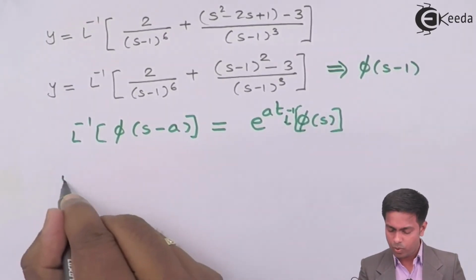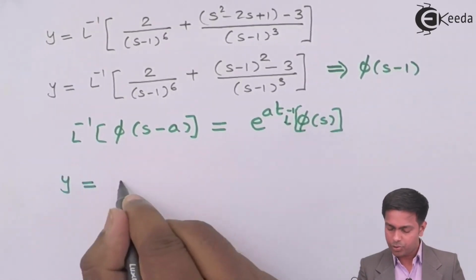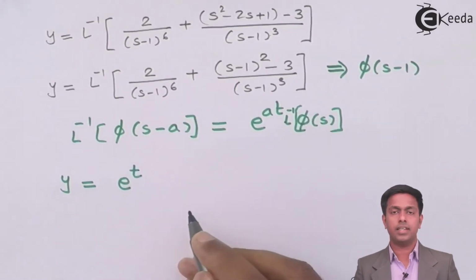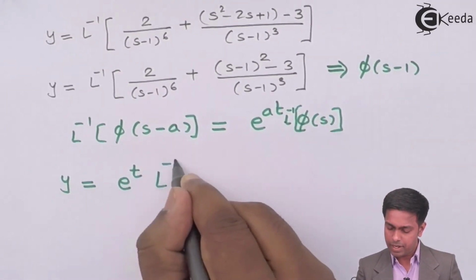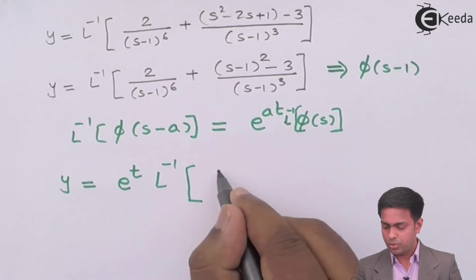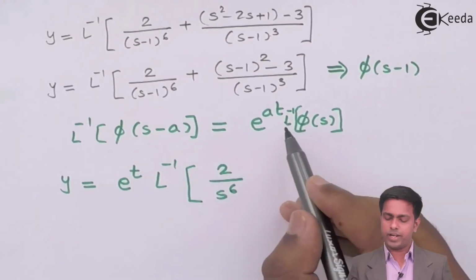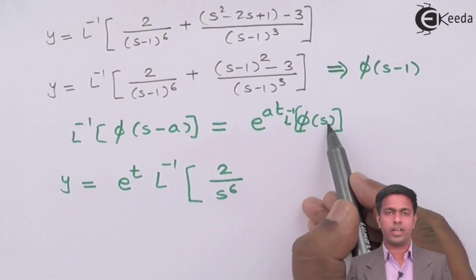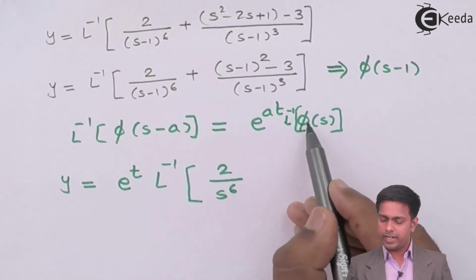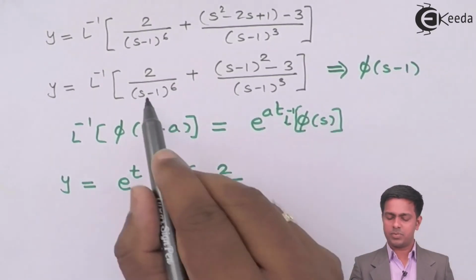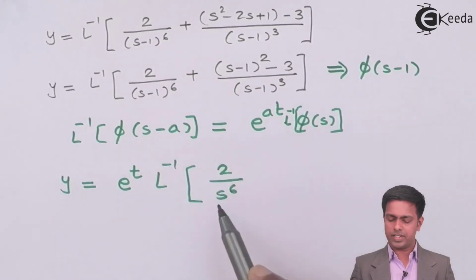So we will get y equal to e to the power, now value of a is 1, so 1t, that is t, and we are going to find out Laplace inverse of 2 upon s to the power 6, because we have to find out inverse Laplace transform of phi of s as per the property. So we get this by replacing s minus a with s. So here s minus 1 will be replaced by s, so we will get s raised to 6.